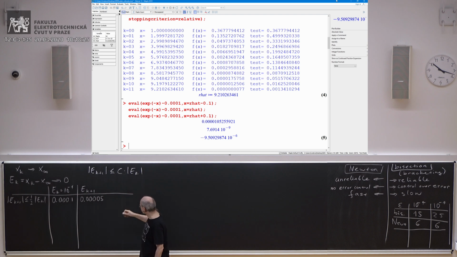Let's make the next step. So let's have a look at the error EK plus 2. It's 0.1234 zeros, and then 25.